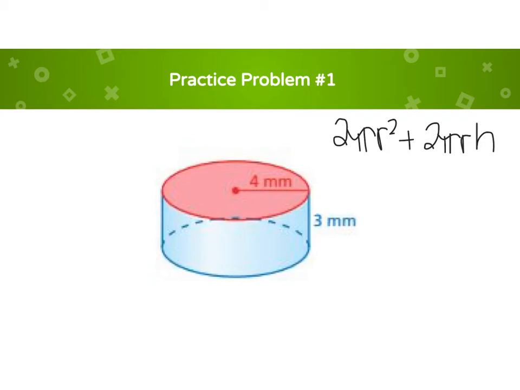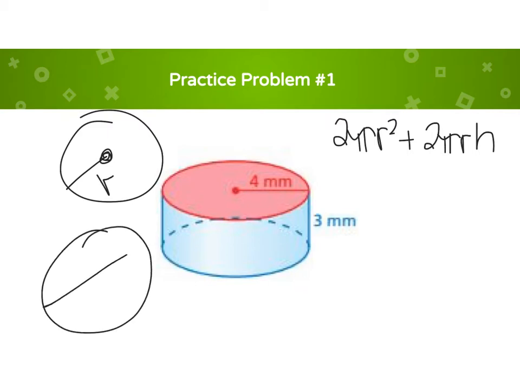So as you see, we have to have the radius, and in this case we do. So I'm going to fill in the radius. The radius is here. Remember, in case we forget, you can write this down in your notes. That's your radius. And then all the way across is your diameter. And like I said, for surface area, you have to have the radius.